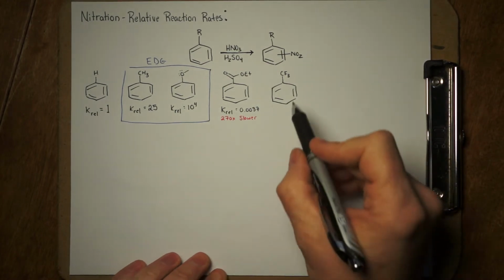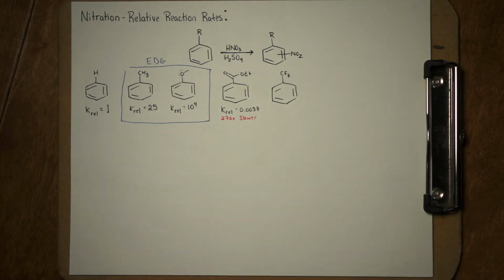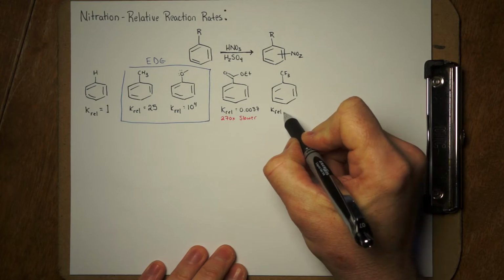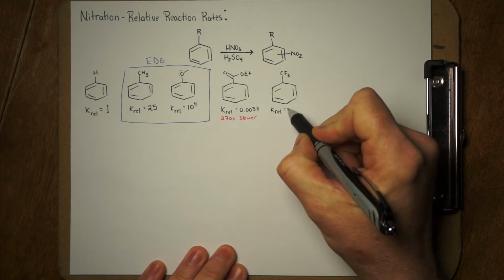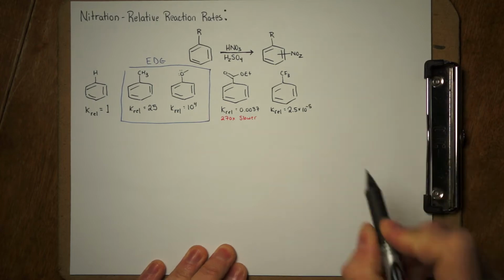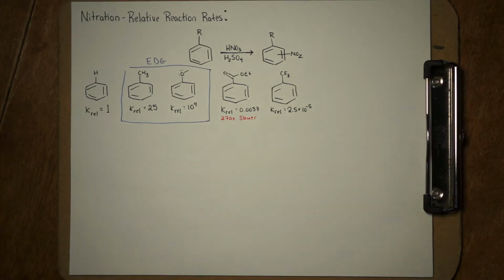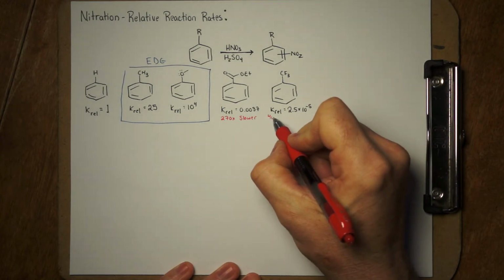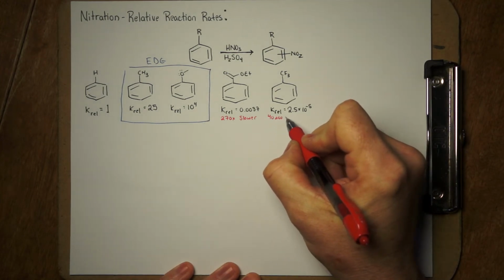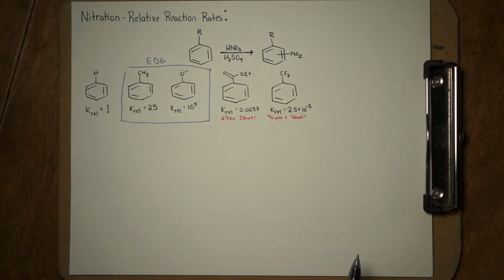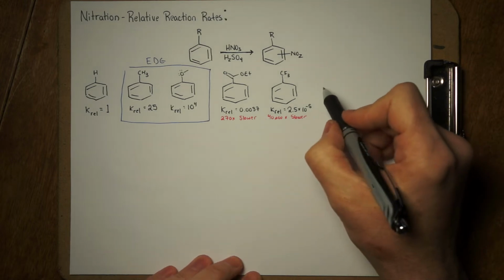The relative rate constant for nitration of trifluoromethylbenzene is going to be 2.5 times 10 to the negative fifth. So I calculated this before I started the lecture, and that's going to be about 40,000 times slower than the substitution rate or nitration rate of benzene.